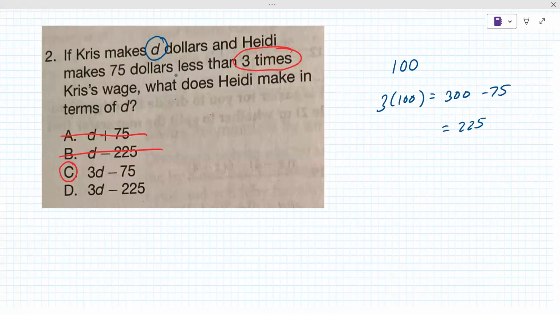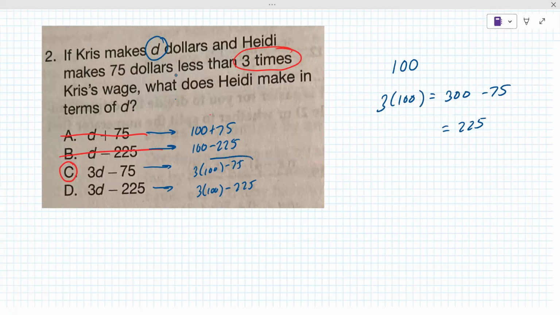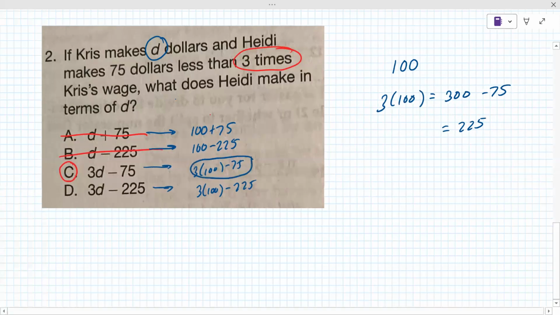Now what you have to do is go to each of these and try 100 in for D. 100 plus 75, 100 minus 225, 3 times 100 minus 75, 3 times 100 minus 225. That's a little riskier, but it does work. But you can see that it will still be letter C, because that's the only one that has those amounts.